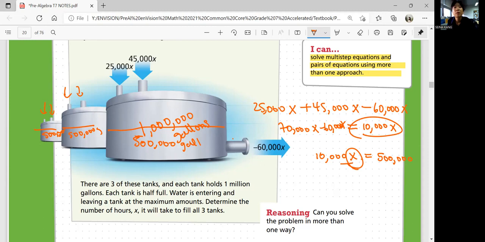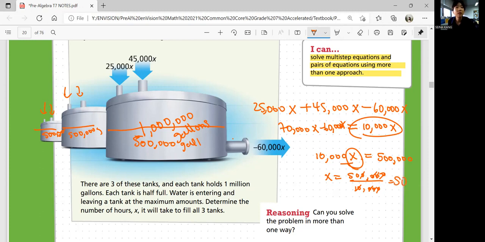So we can divide both sides by 10,000, which means you can cancel out 4 zeros and then you get 50.